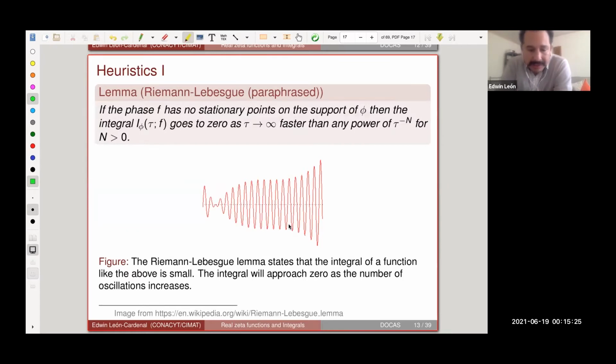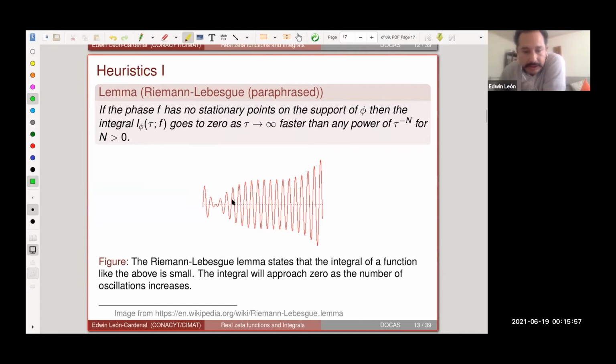What is behind this? Behind this, there is a theorem in analysis called the Riemann-Lebesgue lemma. And this lemma says that if the phase has no stationary points, then the integral goes to 0 as tau, the parameter, goes to infinity, faster than any power of tau to the minus 1.